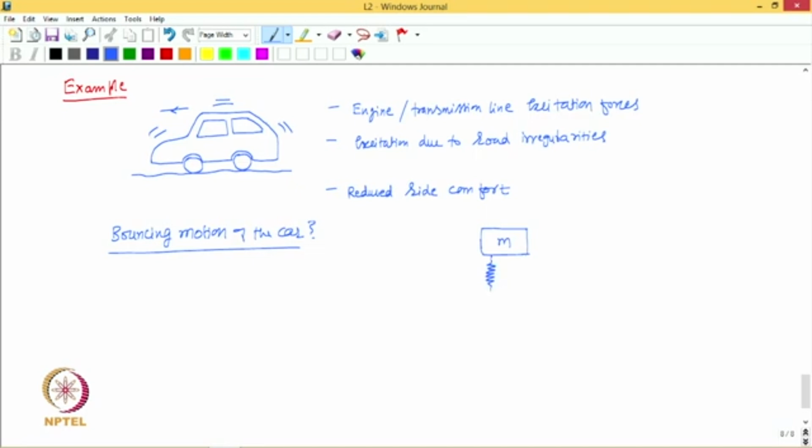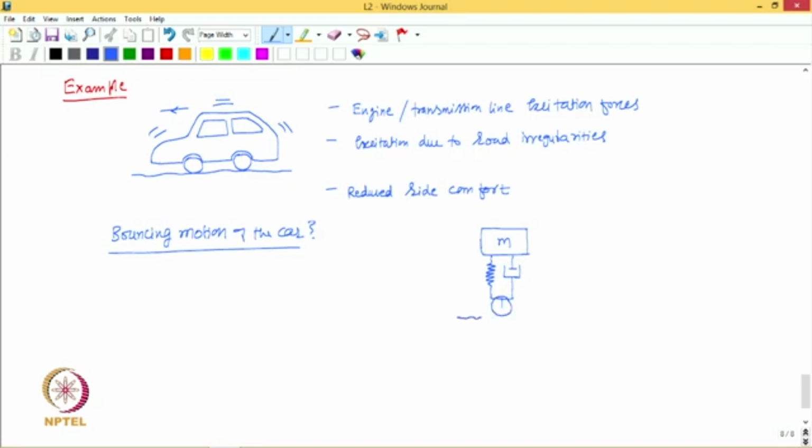And then we also have some damping, right, because there would be some loss of energy when the tire flexes and when the suspension deforms. So that energy loss we can represent by a viscous damper like this, right. And then this basically moves on a road like this.